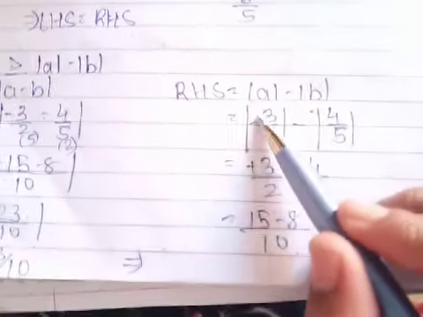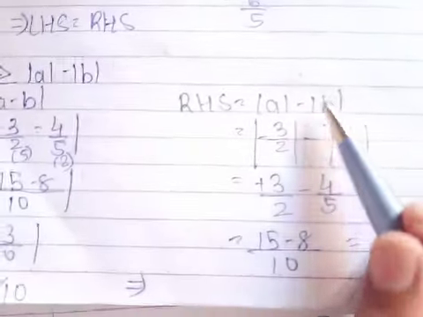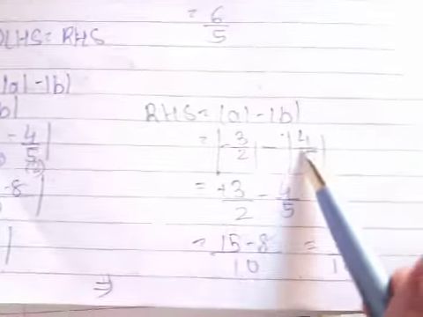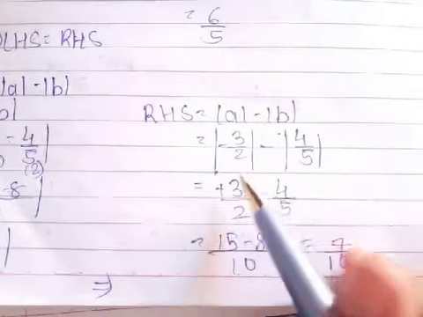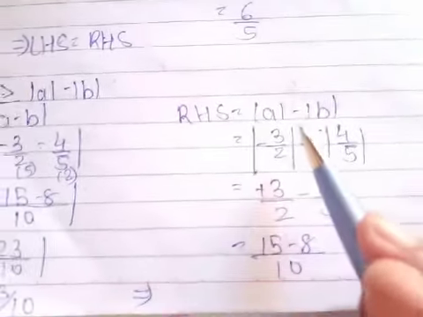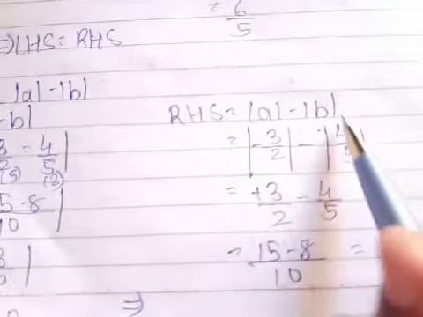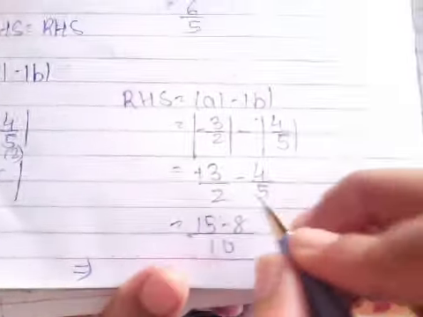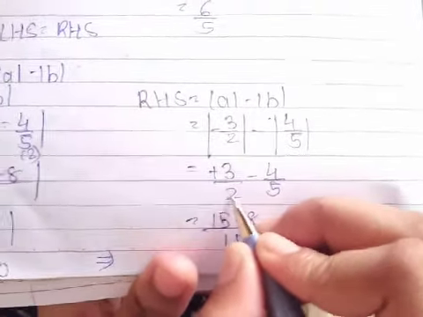Now let's do RHS. Mod A minus mod B. A is minus 3 by 2, B is 4 by 5. If you remove the mod, it will become 3 by 2, and the sign is minus, so minus 4 by 5. Here also you have to take the LCM. By what number do we multiply to get 10?